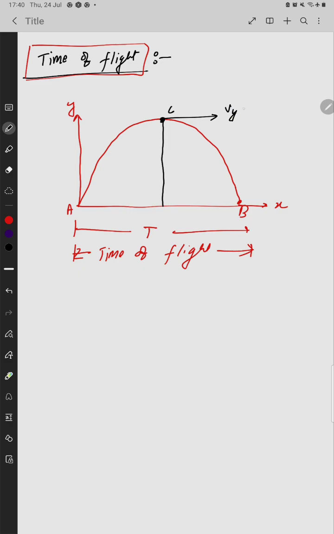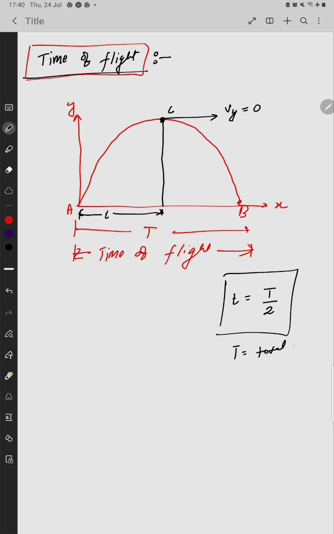Up to here the time we can consider is half, so small t we can write as T by 2, and capital T is the total time, the time of flight.